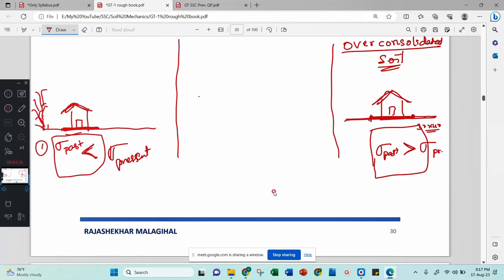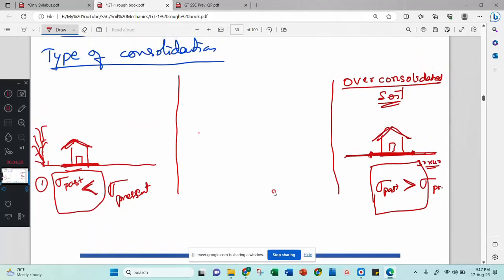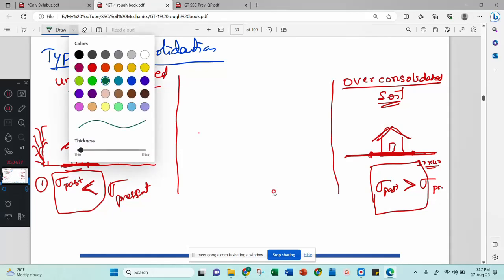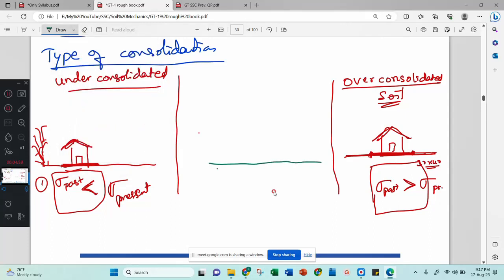Right? Now, the first case here is under consolidated soil. The soil has not experienced any big load. Therefore, this is under consolidated. But here I will give you a third case study. The third case study is something like there was a ground here, and earlier there was a home.